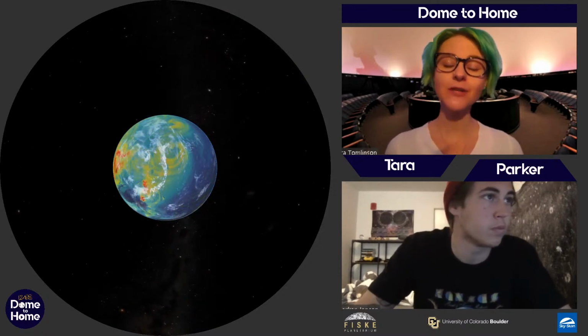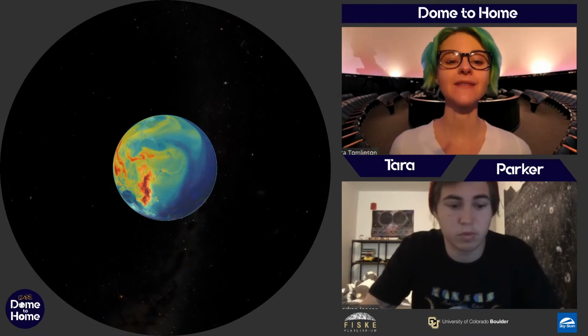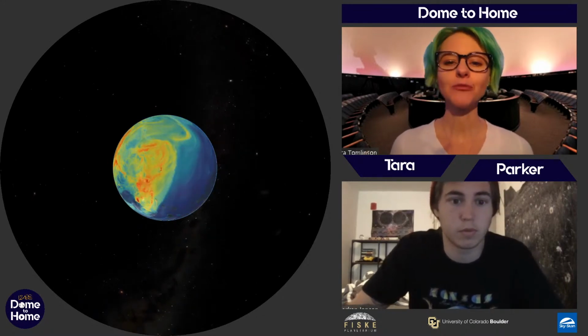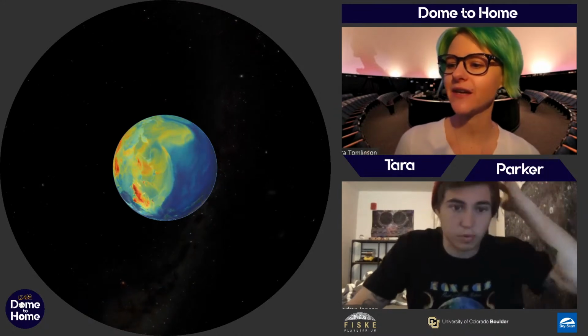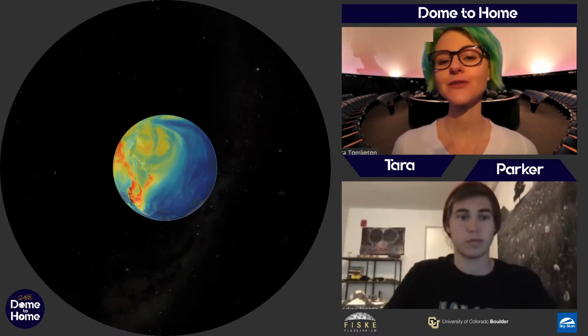So Earth's atmosphere is in a really delicate balance. Having just the right amount of greenhouse gases is important for regulating the temperatures here at Earth, making it a good place for us to live. See, Parker's put up a map on the Earth here. The red areas are where it's really high in CO2. Blue areas are a little bit lower. And this is running over time.